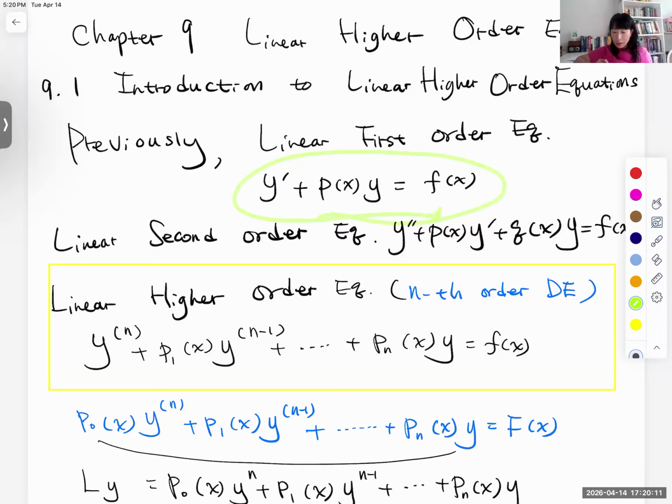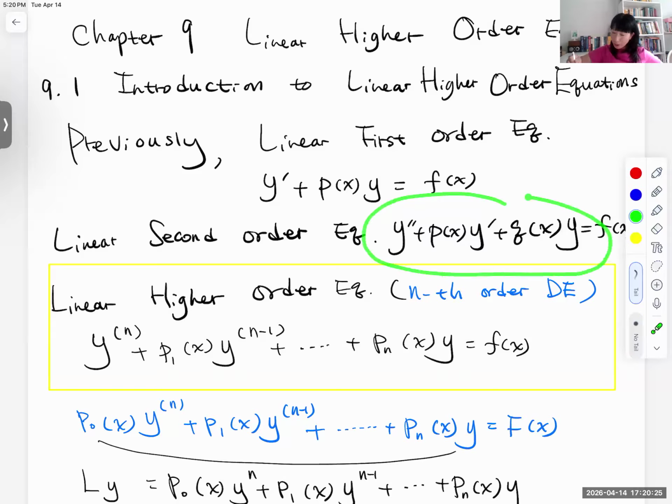How about the linear second order equation? We had a form like that: y double prime plus p of x y prime plus q of x y equals f of x.